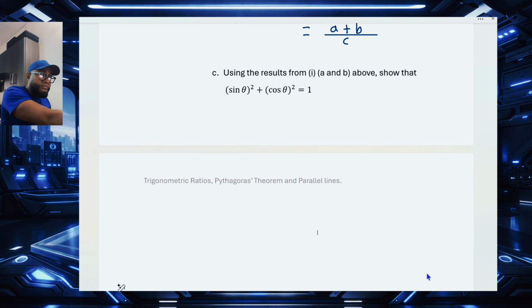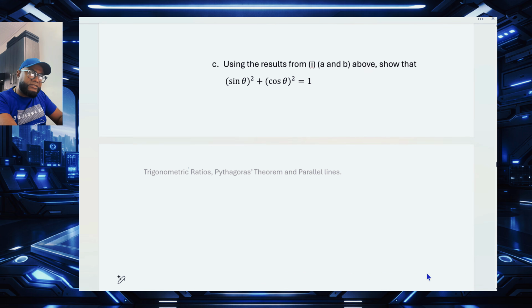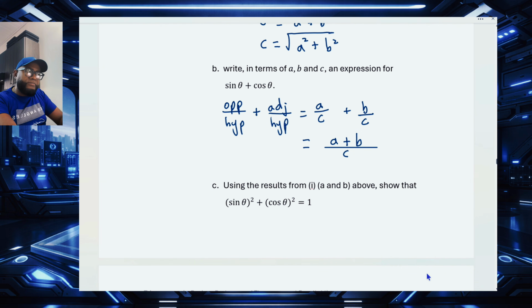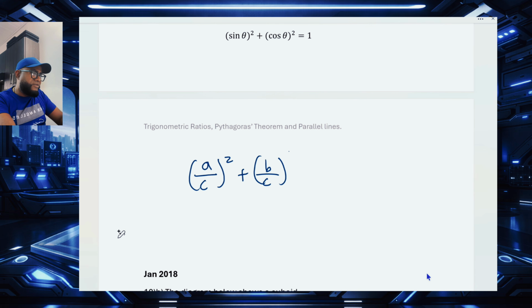Sine theta will be A over C, so I can put A over C squared plus B over C squared, because we're trying to get 1.